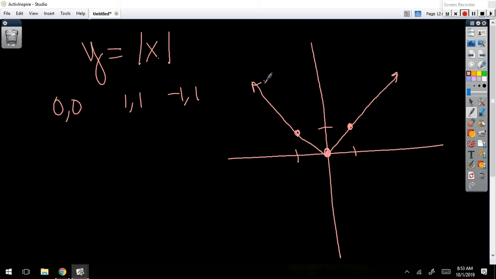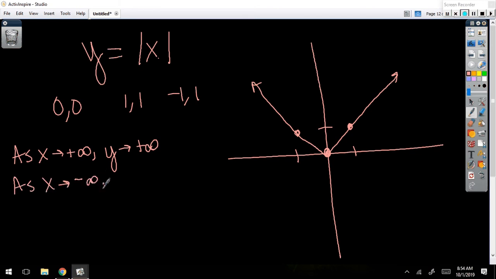Describe the end behavior of this graph. As x approaches positive infinity, is this function continuous?